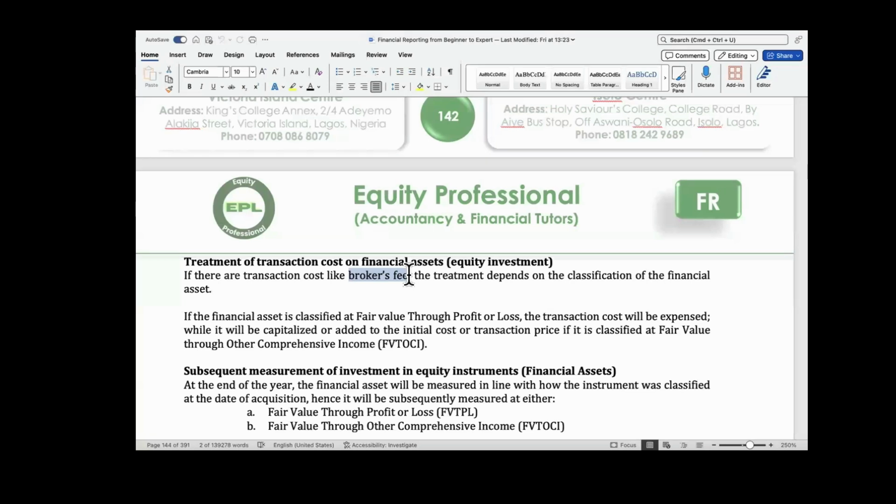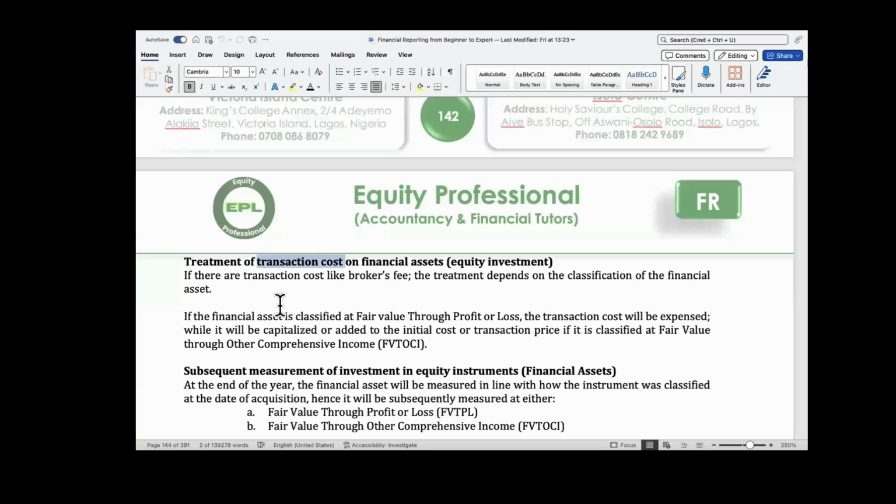There will be the NGX, they have their own fee. The stockbroking firm has its own fee. All those attributable costs are what we call transaction costs. So the key thing is, how do you treat this transaction cost? Because you ultimately pay it, and when you pay, you credit bank. So the corresponding debit, where does it go?